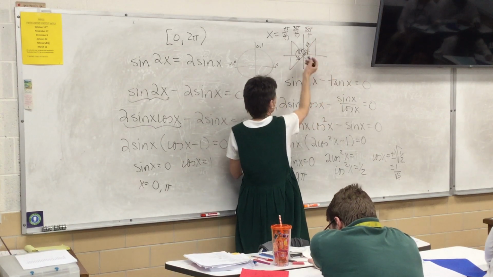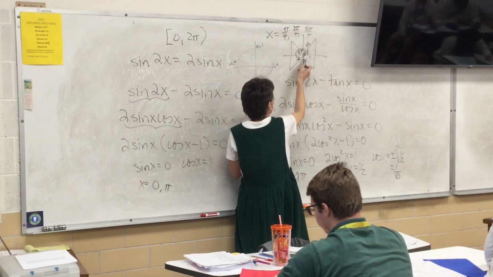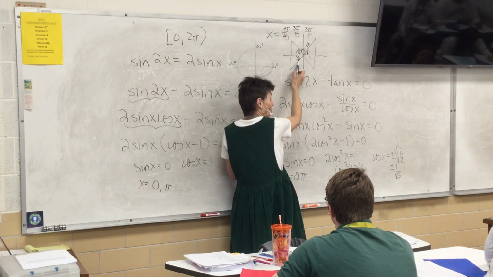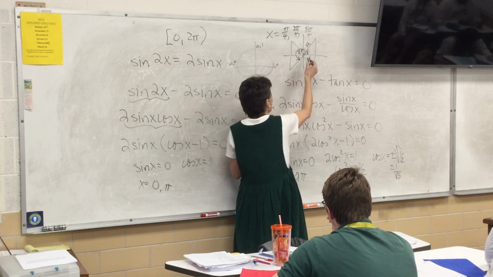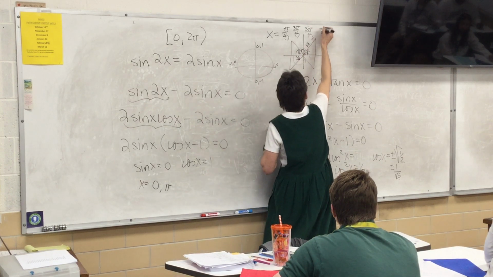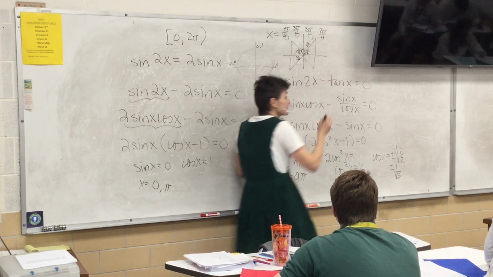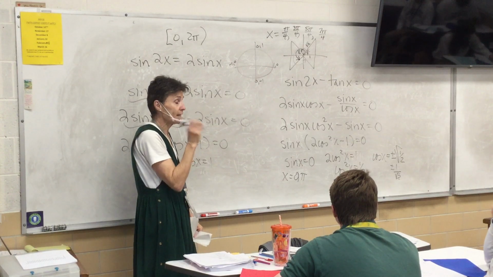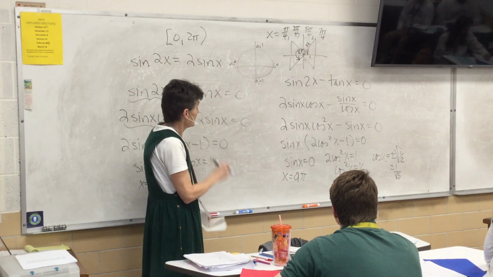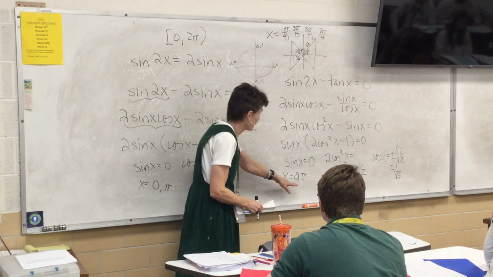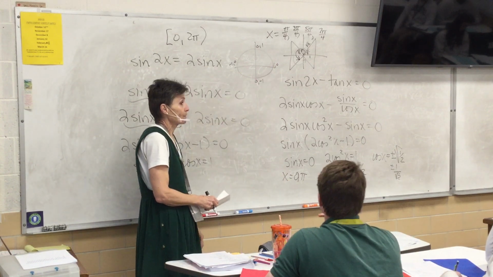For those of you that aren't quite here yet, it's pi plus 1/4, so 1 and a 4, 5/4. And then all the way to here, 7 pi over 4, because it's 2 pi minus a 4th, or 8/4 minus a 4th. So that problem has 6 answers, those 4 and these 2.